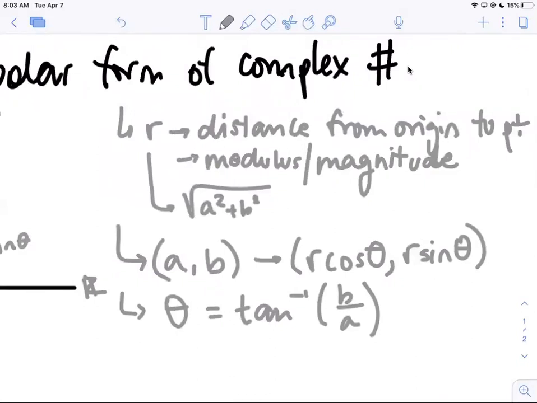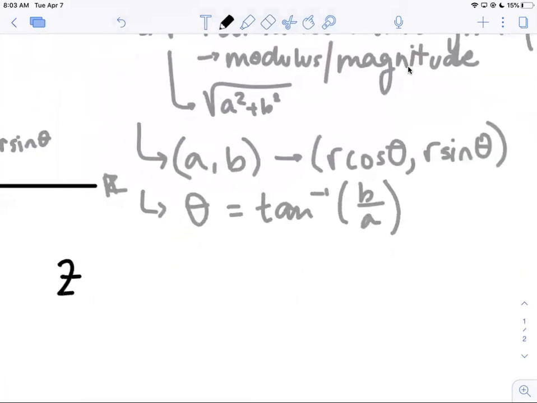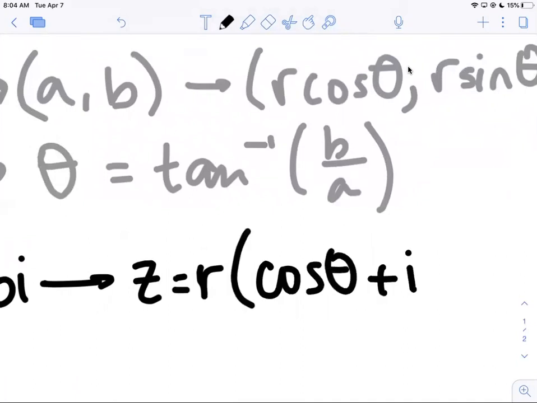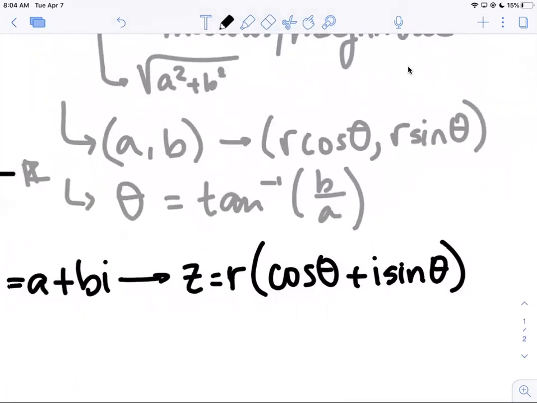And so if my complex number is z, and that's the same thing as a plus bi that we've learned a long time ago, we can rewrite that in trig form as z is r, I'm going to put parentheses because r goes with both cosine theta and imaginary number sine theta: r times cosine theta plus i sine theta.